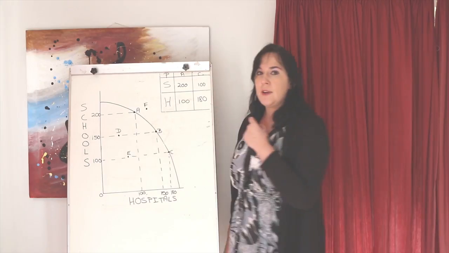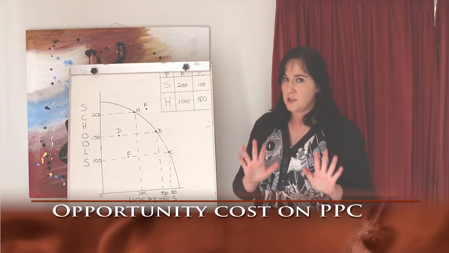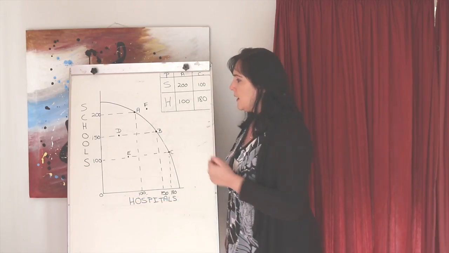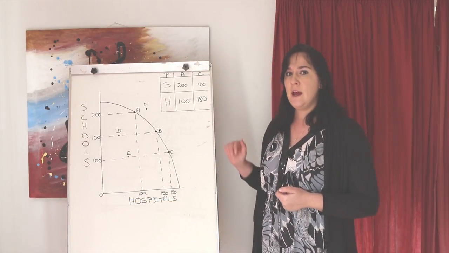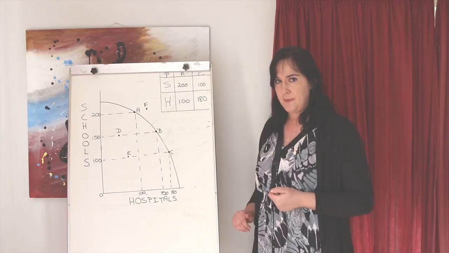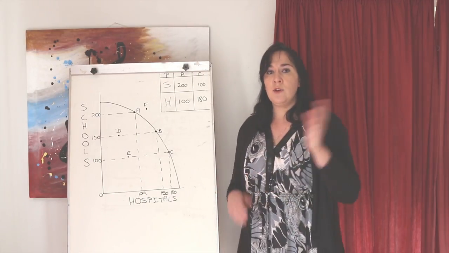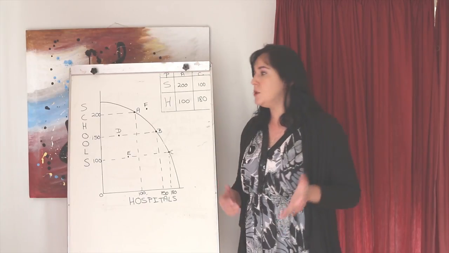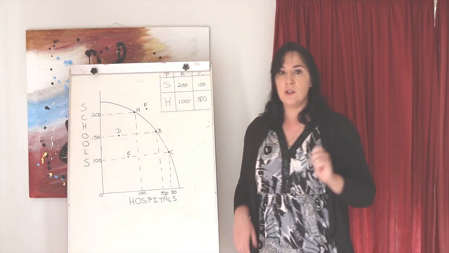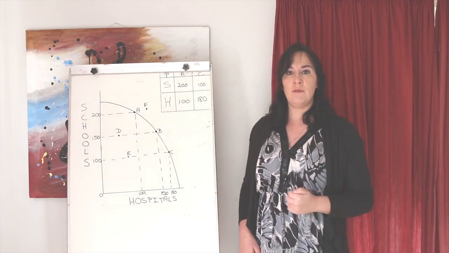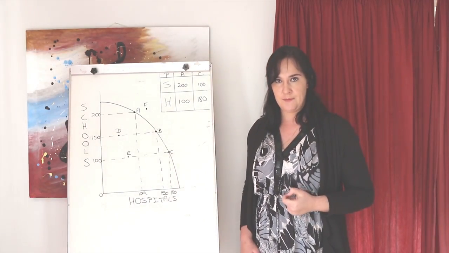If I'm looking at opportunity cost, I told you PPC illustrates opportunity cost. If I'm moving from point A to point C, we can see that at point A, I can use all my resources to produce 200 schools and 100 hospitals.